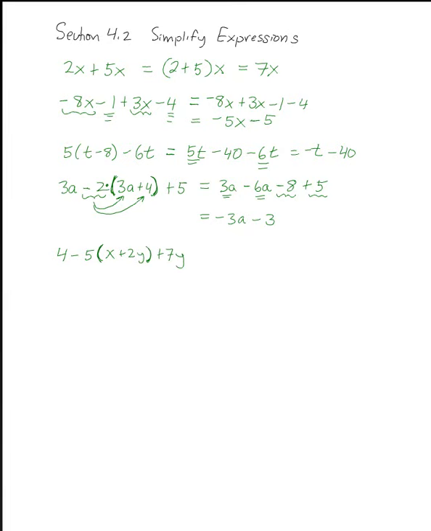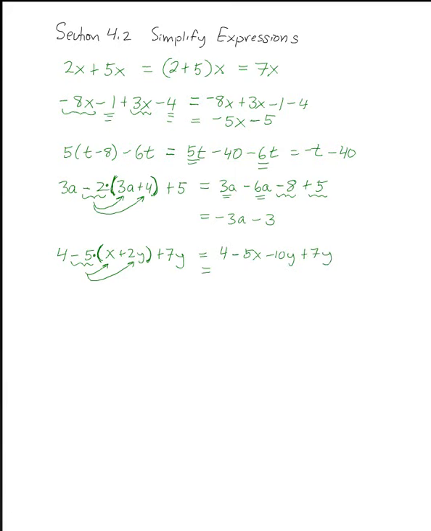I notice I have different variables. I have an x and I have a 2y and I'm trying to add. I can't do that. In order to add, they've got to have the same variable. So now I go to the next thing outside the parentheses. The next thing outside the parentheses is to distribute this minus 5 through. So that's going to be 4 minus 5x minus 10y plus 7y.